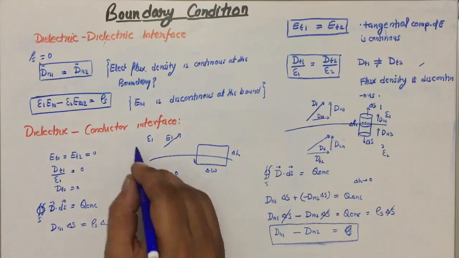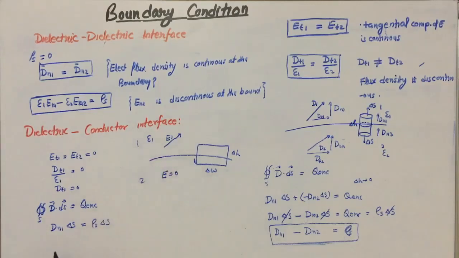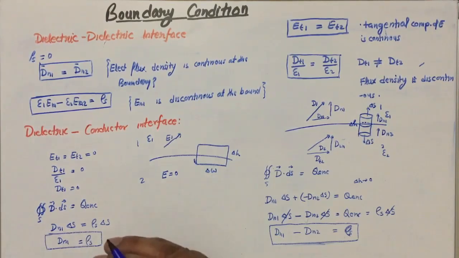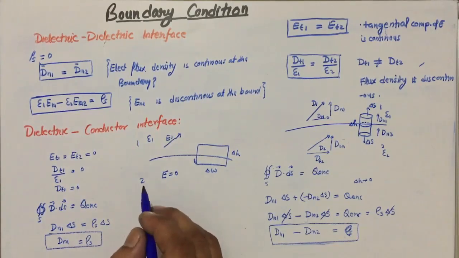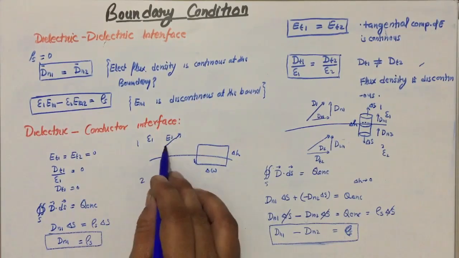This is 2, this is 1. So Dn1 is equal to rho s in case of a conductor, if the interface is dielectric and conductor.